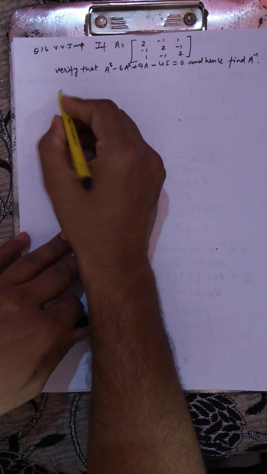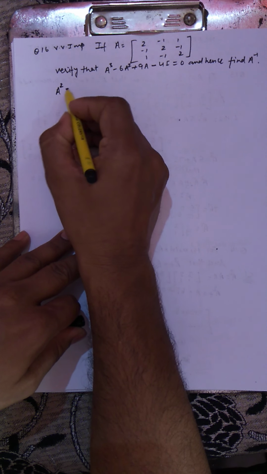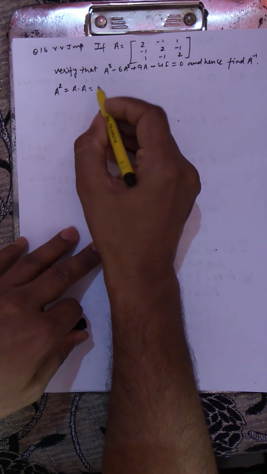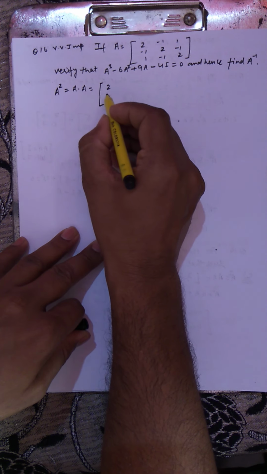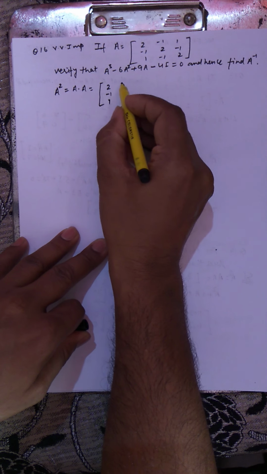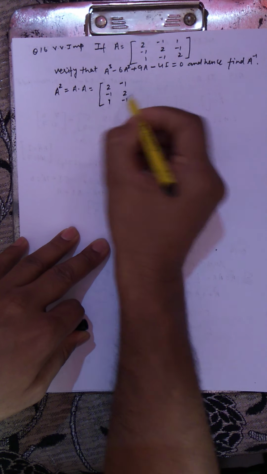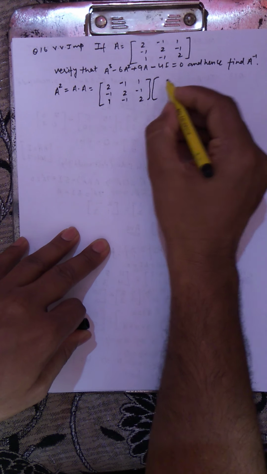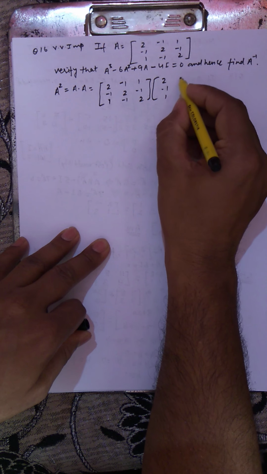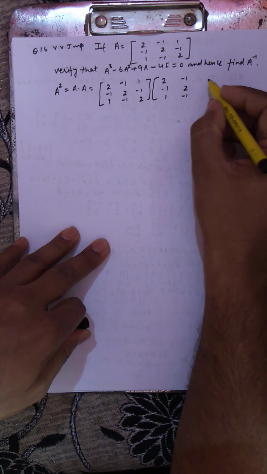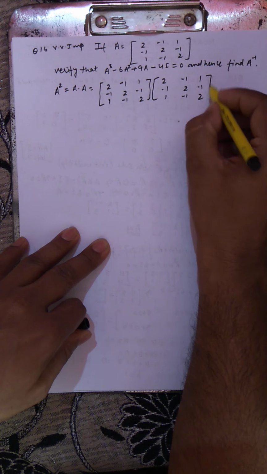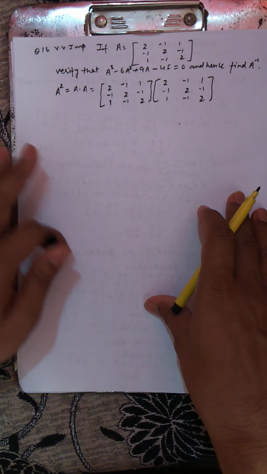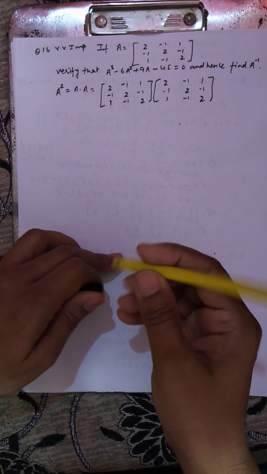So you see that in the beginning we have to find A cube. First we have to find A square. A square is A into A, so we'll write A and then we'll multiply A. So this is 2 minus 1 1, minus 1 2 minus 1, 1 minus 1 2, and we'll write it again, 2 minus 1 1, minus 1 2 minus 1, 1 minus 1 2. See, these questions are easy, but remember this question comes into the category of trapping questions.